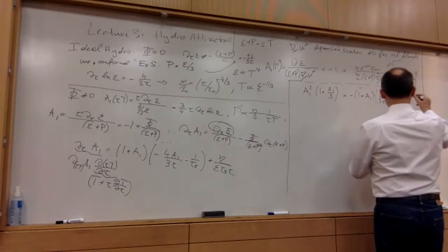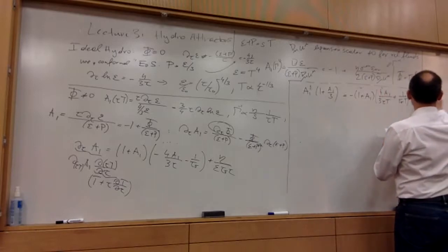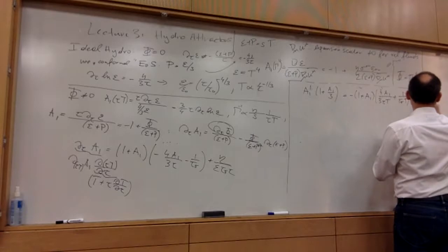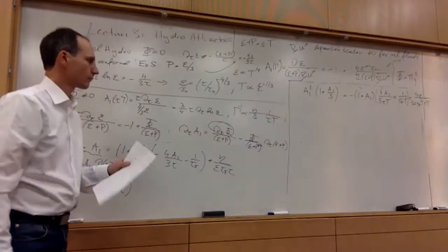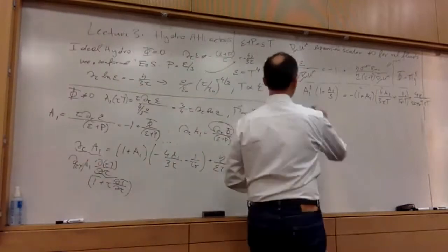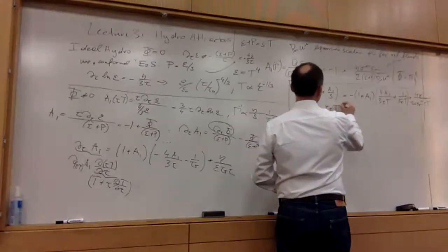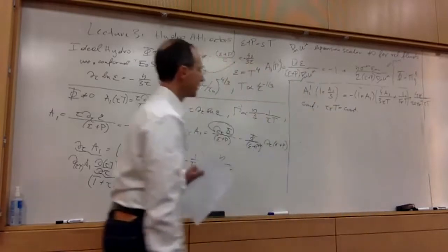And then the whole thing plus 4 eta divided by 3s tau pi t and tau t. If we have a conformal system, then we can take tau pi t to be constant.